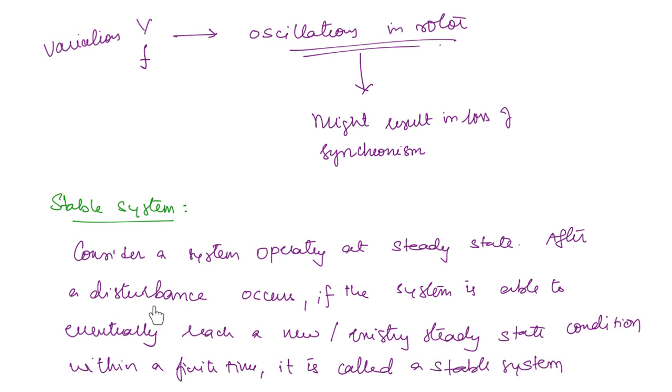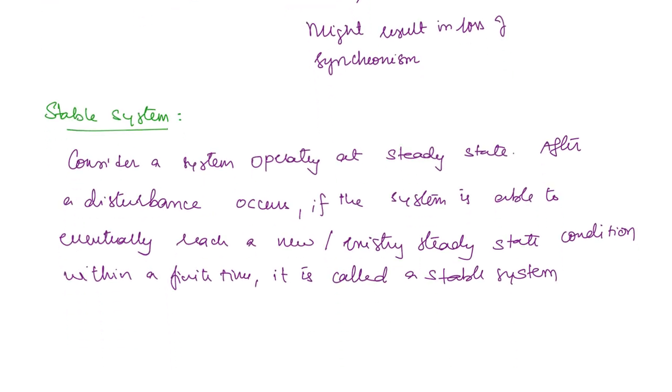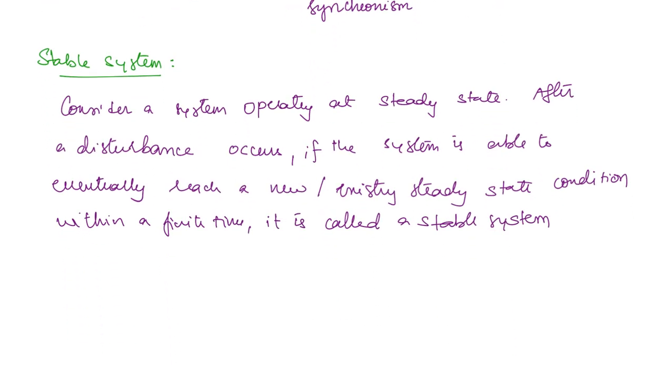Now these disturbances can be either large disturbances or small disturbances. Okay, so how are they classified into small and large disturbances?